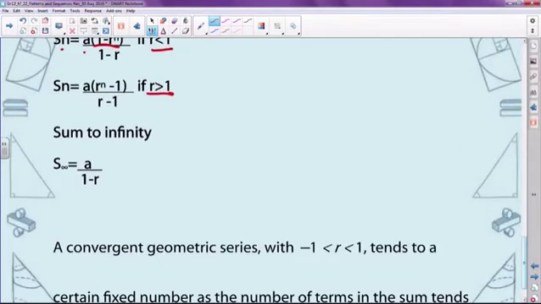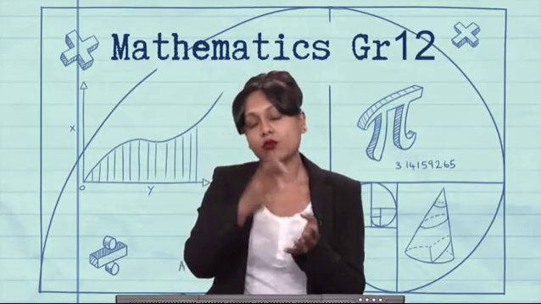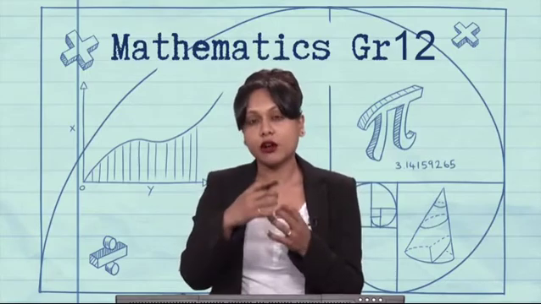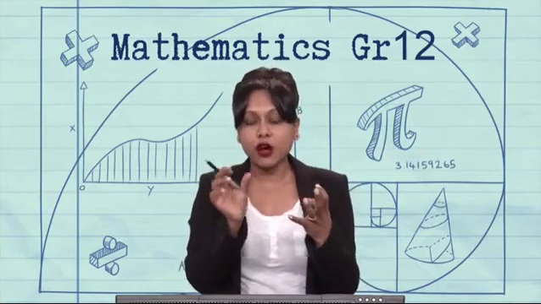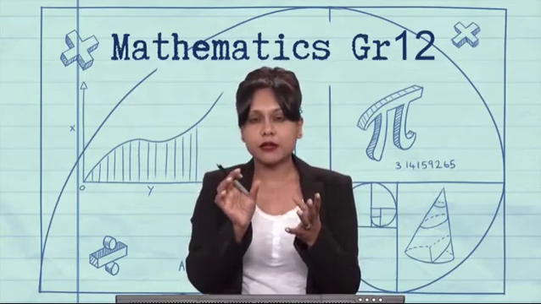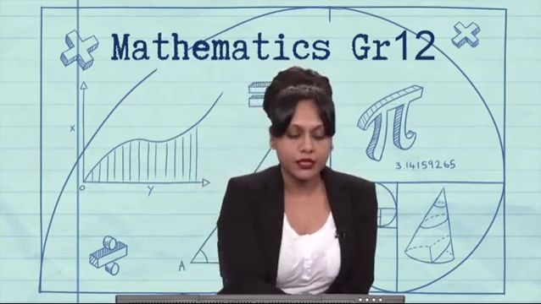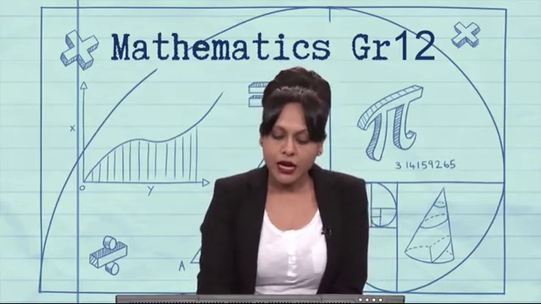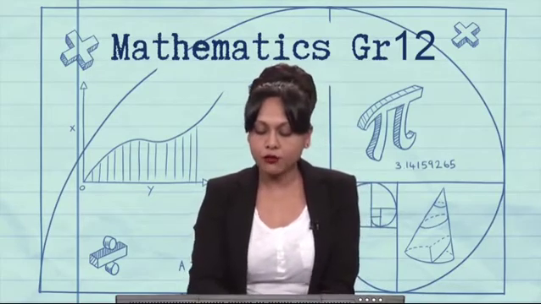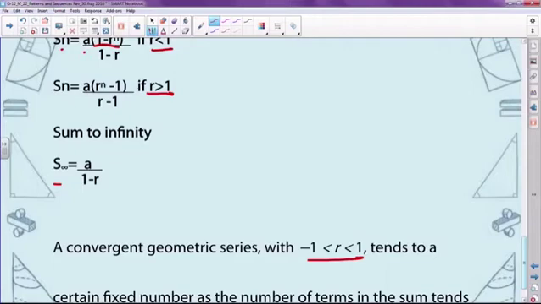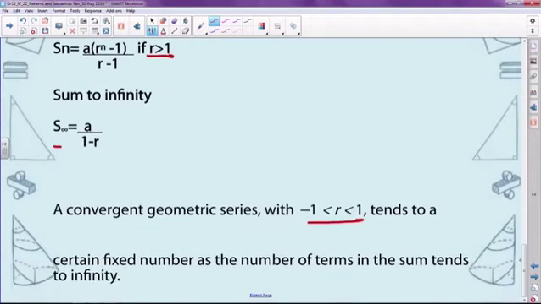And when we're talking about a geometric series that converges, we are able to work out the sum to infinity. Remember that in order for a geometric series to converge, the constant ratio needs to be a number between -1 and 1. The formula for the sum to infinity is a over 1 - r, and you need r between -1 and 1 in order to have a convergent geometric series.